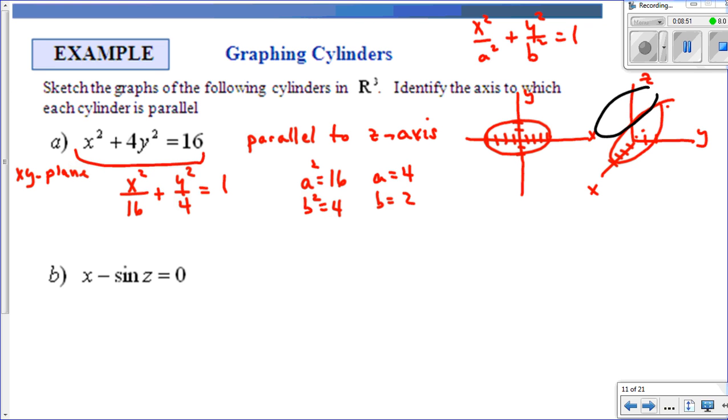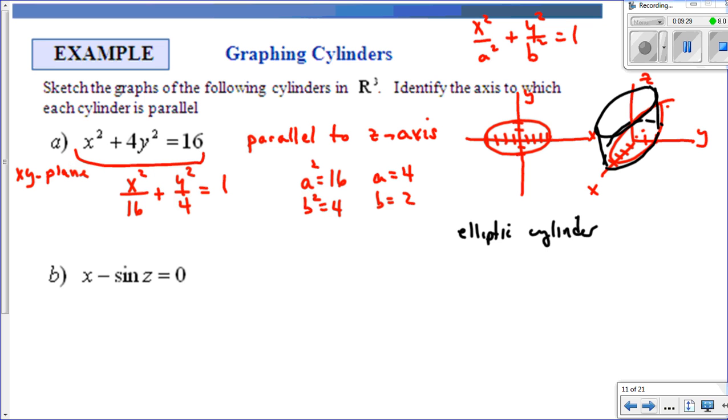Let's put another one up here in a plane that's parallel to the xy plane. Now if we connect those, we can see that we have a cylinder that looks something like that. This is called an elliptic cylinder. So draw one in the xy plane, draw a second one parallel to the xy plane, and then draw the parallel lines, which are the lines that actually define the cylinder.